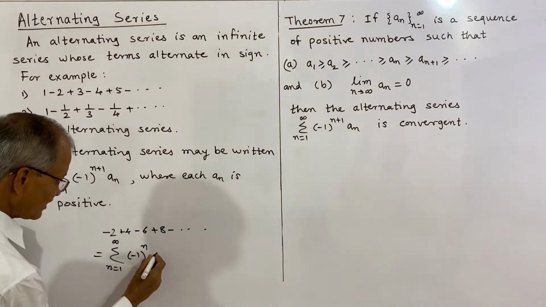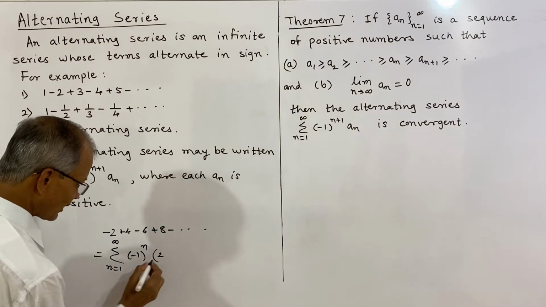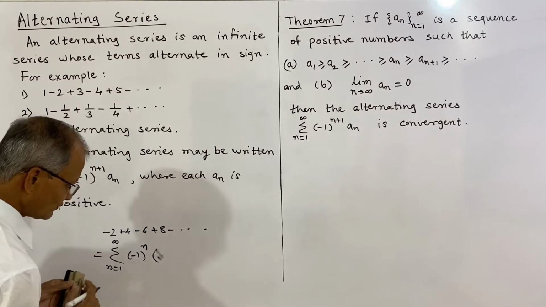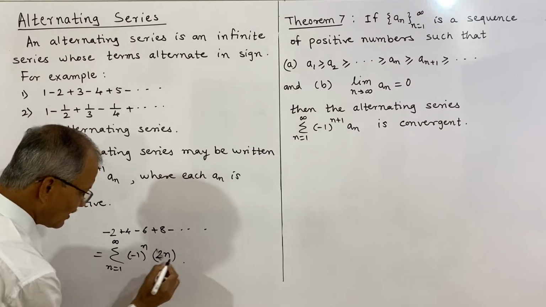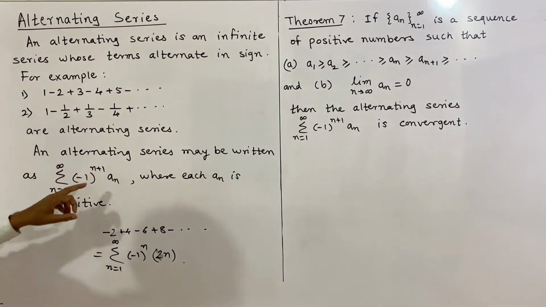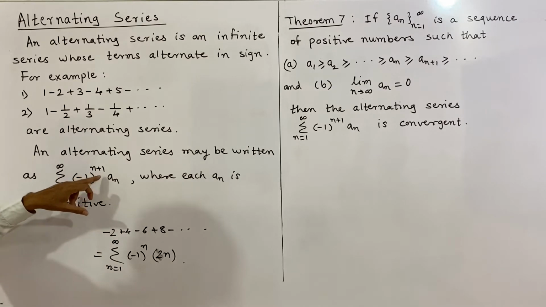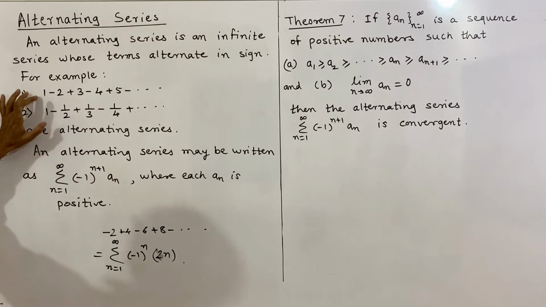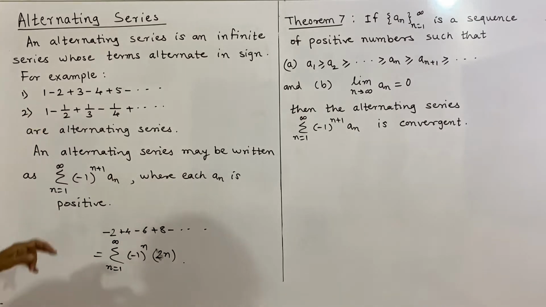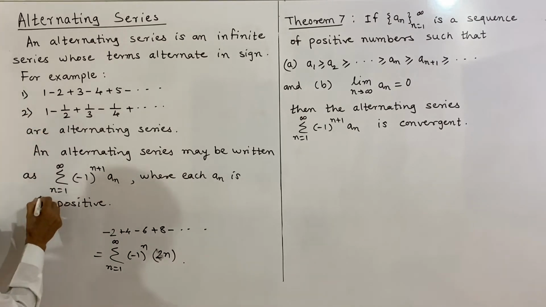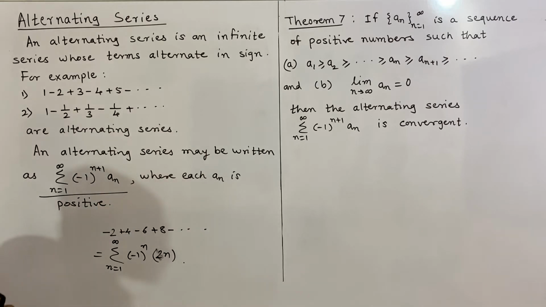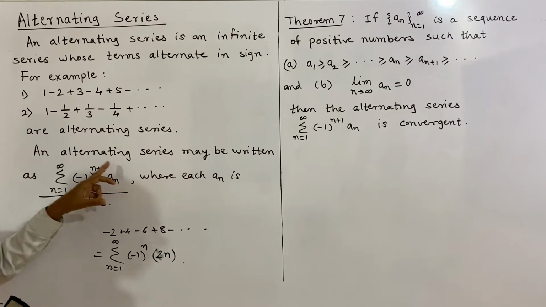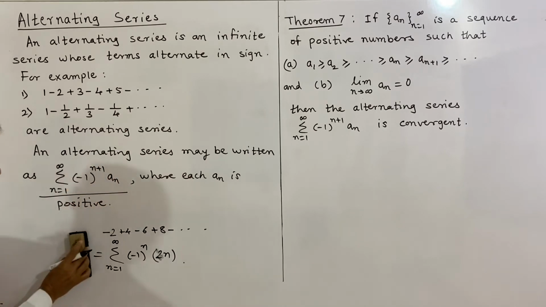And an here is even, so we can write it as 2n. So, that means this term may be written as minus 1 to the power n plus 1 or minus 1 to the power n. That depends on the sign of the first term. So, generally we denote the alternating series in this form: summation minus 1 to the power n plus 1 into an, where an is positive.